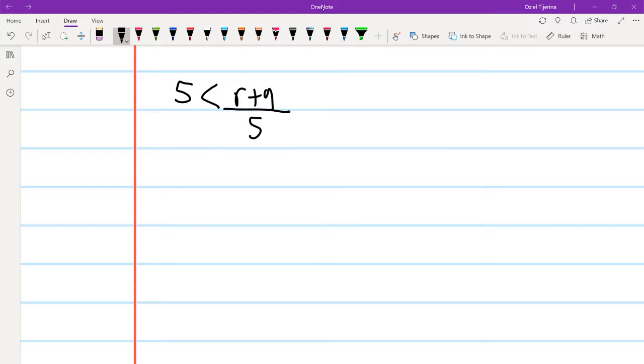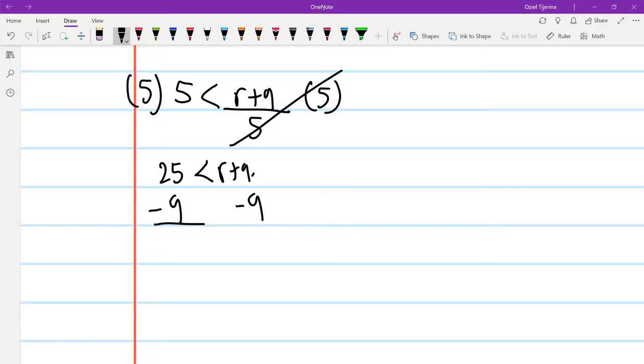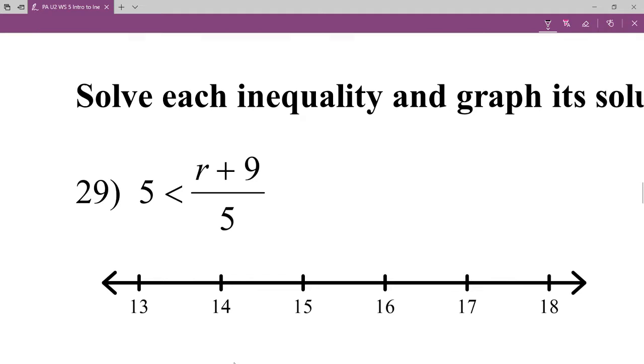You have to multiply by 5 to get rid of this fraction, and you have 25 is less than r plus 9. Subtract 9 on each side, leaving you with 16 is less than r. You again flip it over, so r is greater than 16.